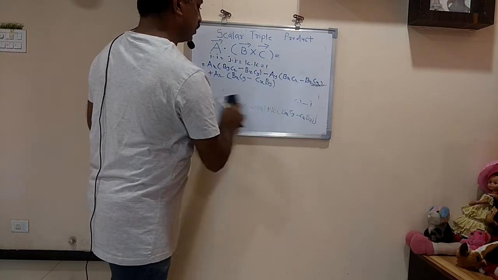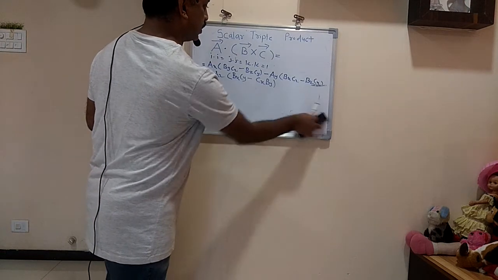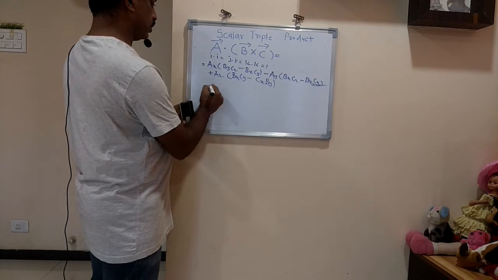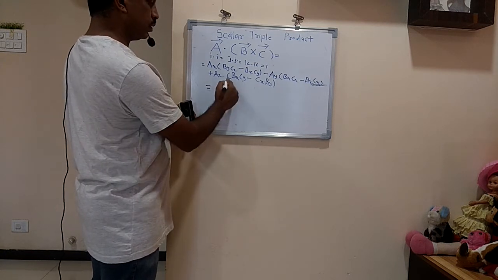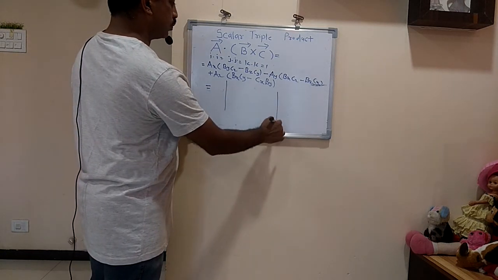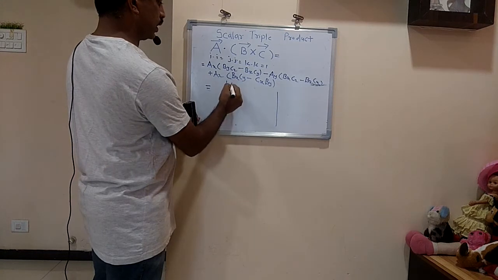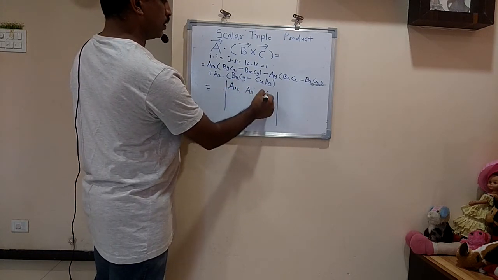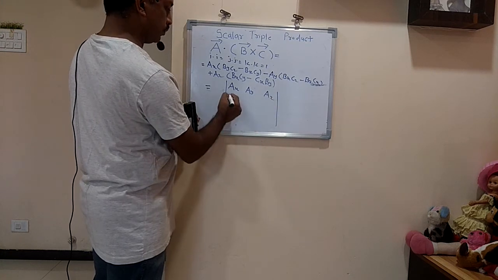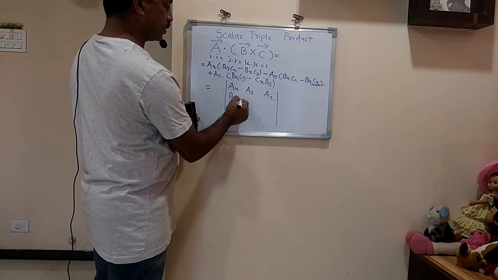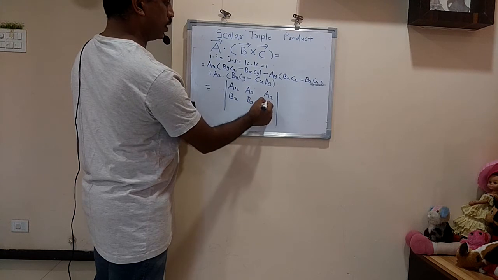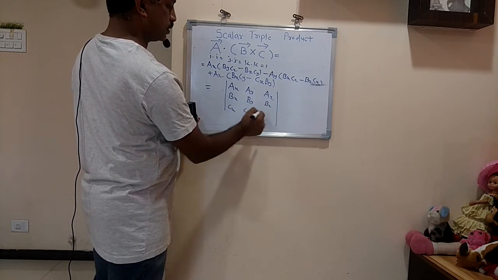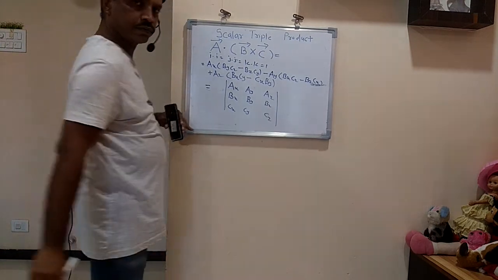Now we can simply write this in the form of a determinant: ax ay az, bx by bz, cx cy cz.